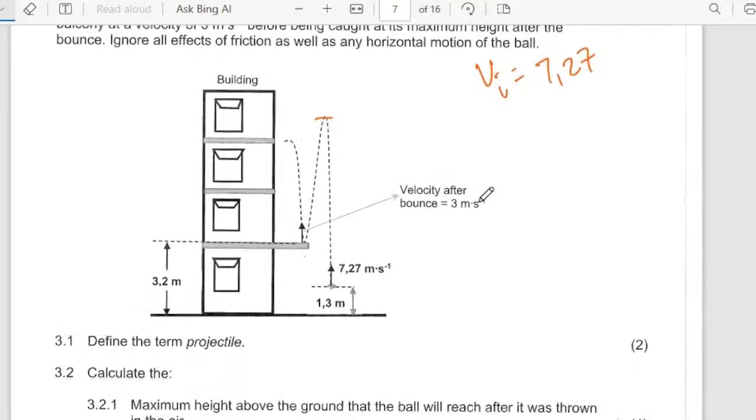What's a projectile? So we know that a projectile is a body that's under the influence of the acceleration due to gravity.